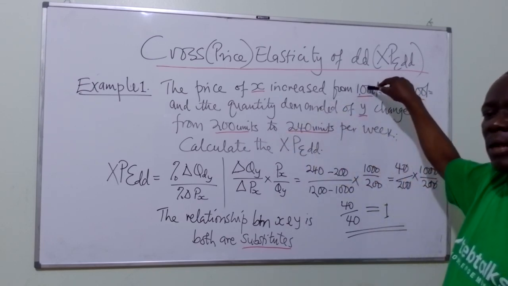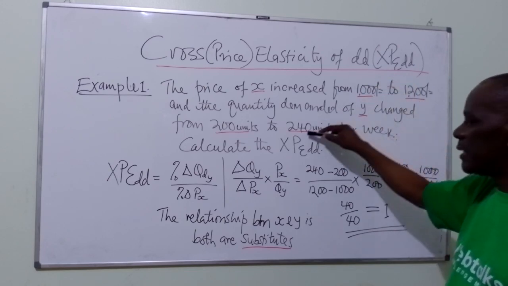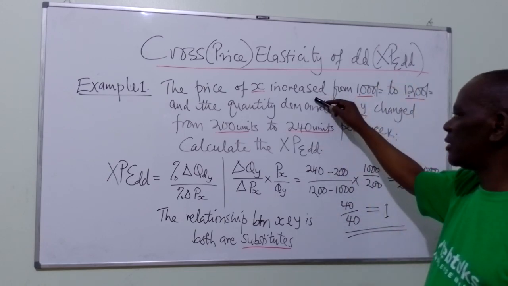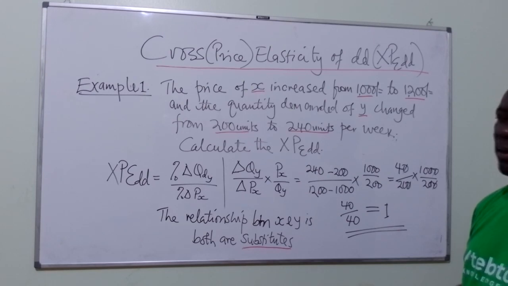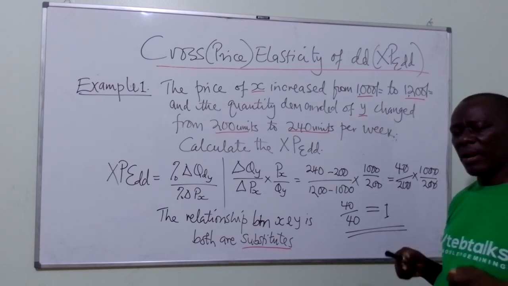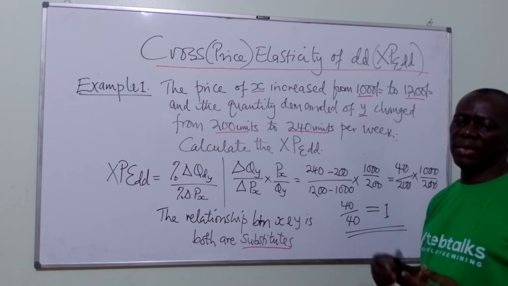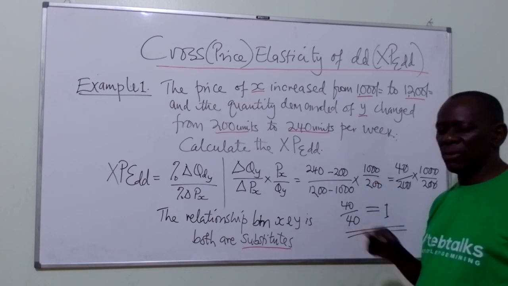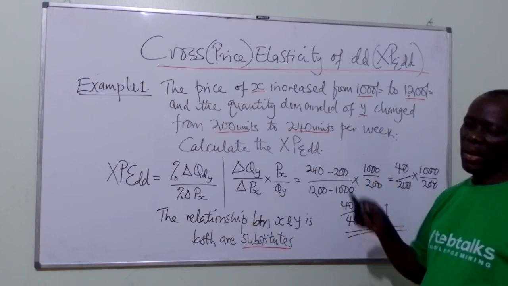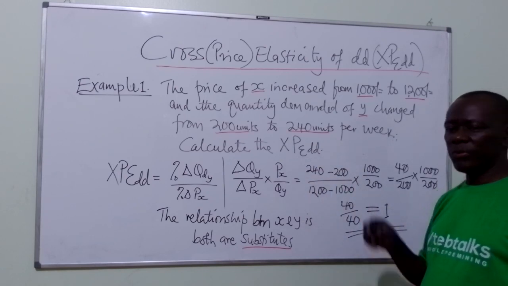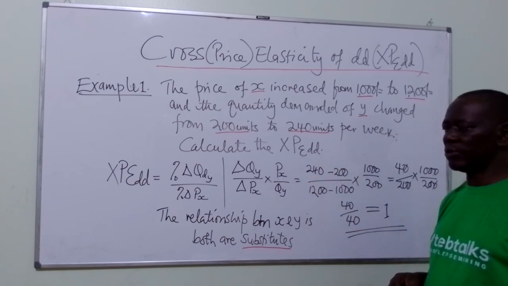Because the price had gone up for X, and these are substitutes. If you don't use this, you use this. And that's what happens in the market. If you have substitutes, better know the consumer behavior in the market. He's going to abandon your product whose price has gone up and go to that product whose price has not changed.